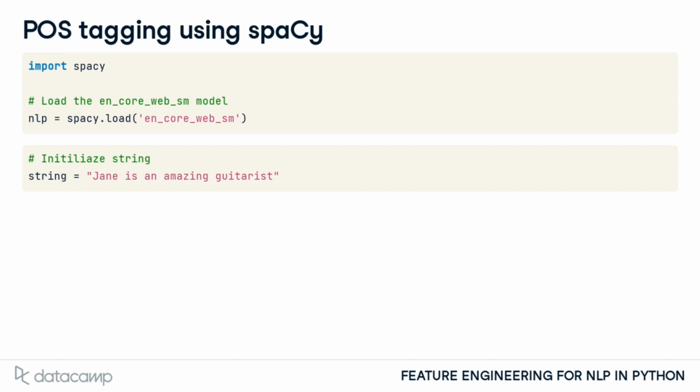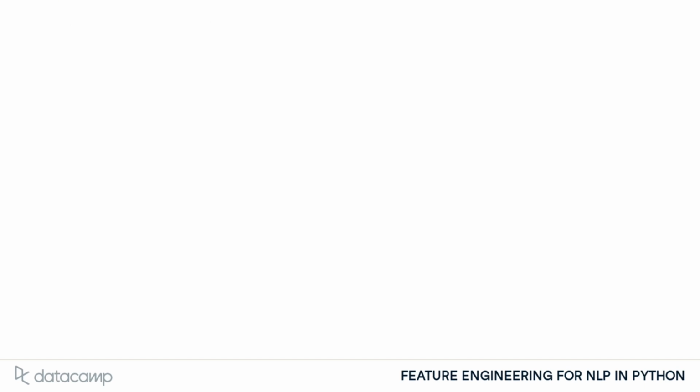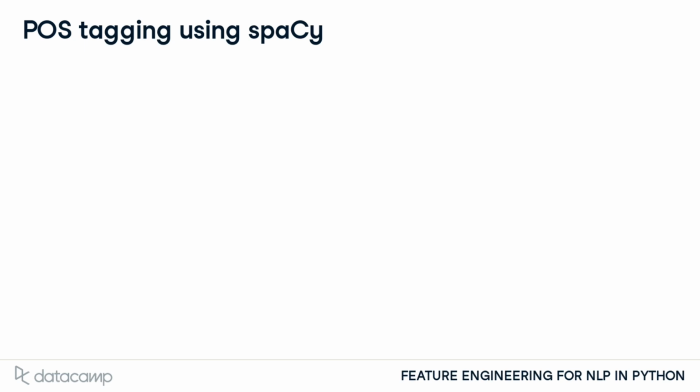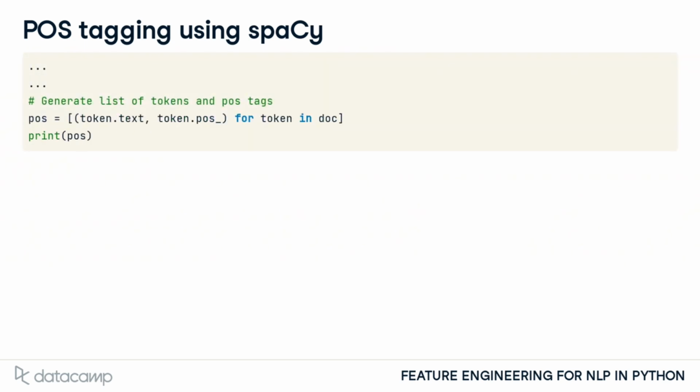We will then create a doc object that will perform POS tagging by default. Using list comprehension, we generate a list of tuples, pos, where the first element of the tuple is the token and is generated using token.text. And the second element is its POS tag, which is generated using token.pos_.